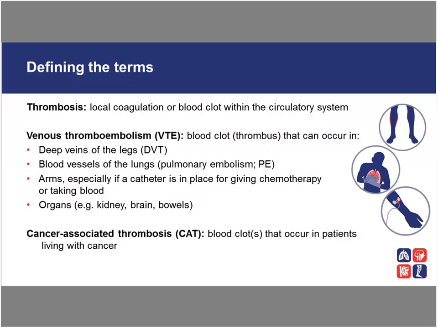Venous thromboembolism is a term used to describe the blood clot that can occur in the deep veins of the leg, also called DVT, blood vessels of the lungs, noted as pulmonary embolism or PE, in the arms, especially if a catheter is in place for giving chemotherapy or drawing blood, in the organs, such as splenic vein thrombi, and moreover, the term cancer-associated thrombosis is specific to blood clots that occur in patients living with cancer.